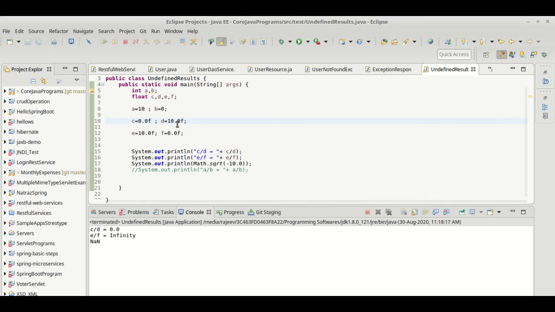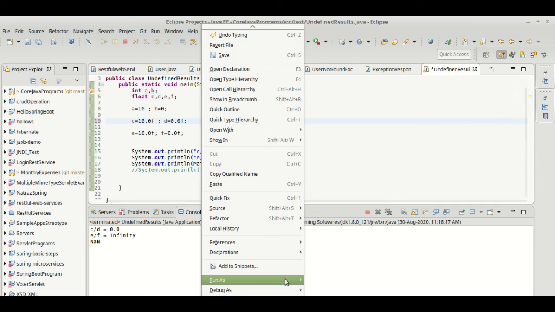Now what we will do is change the value of C to 10.0 and D to 0.0f. For this one we will get infinity.